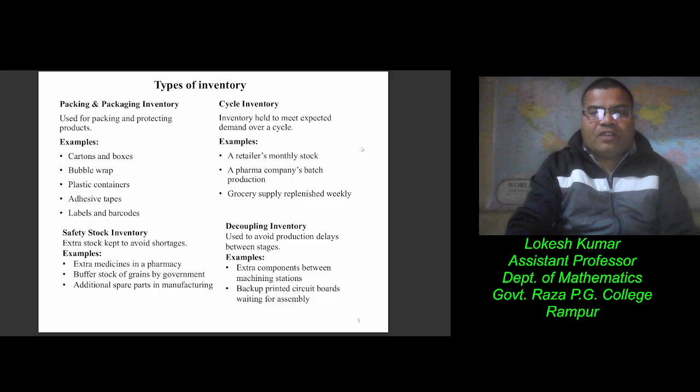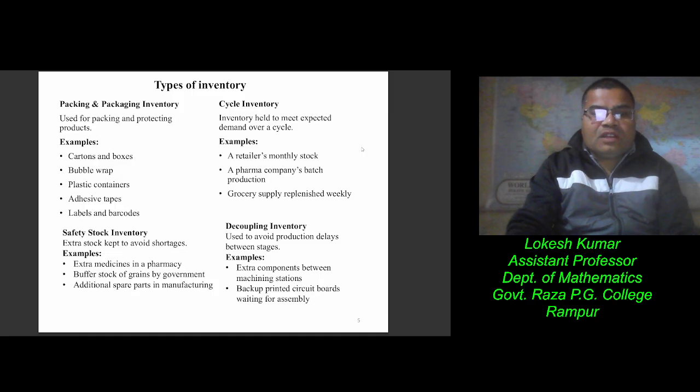Cycle inventory. Inventory held to meet expected demand over a cycle is called cycle inventory. For example, a retailer's monthly stocks, a pharma company's batch production, grocery supply replenished weekly.